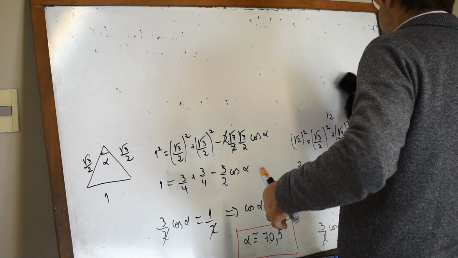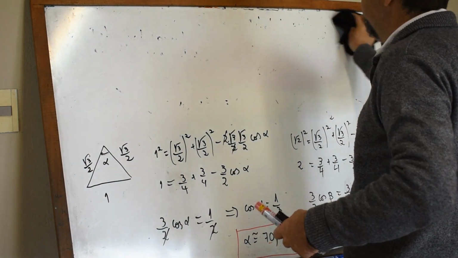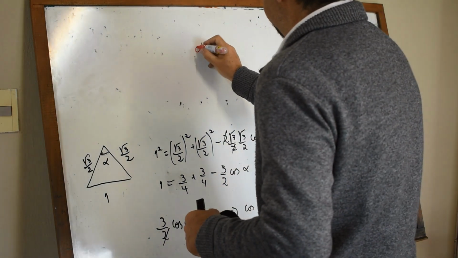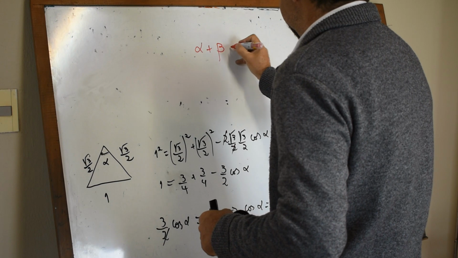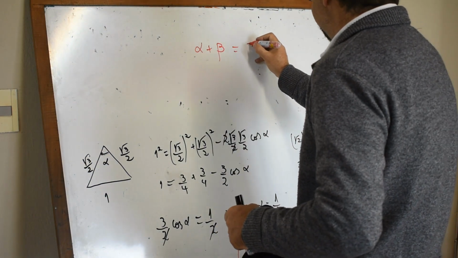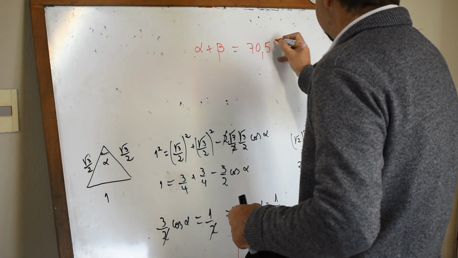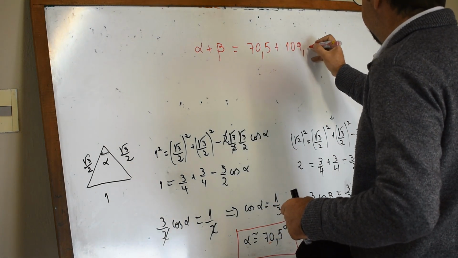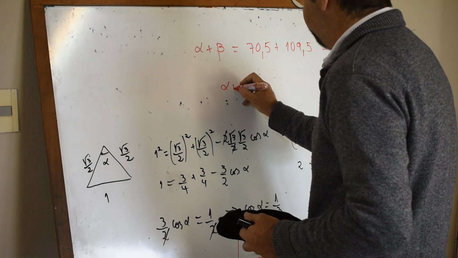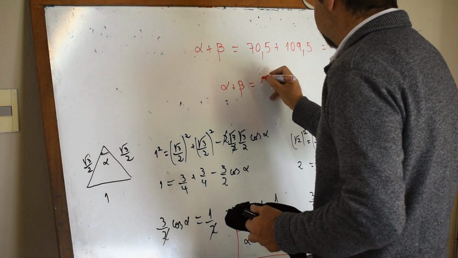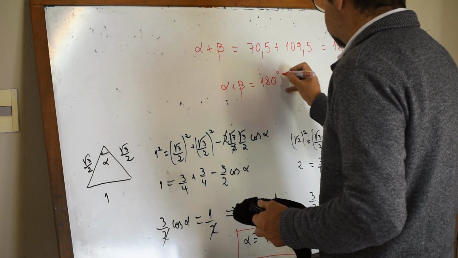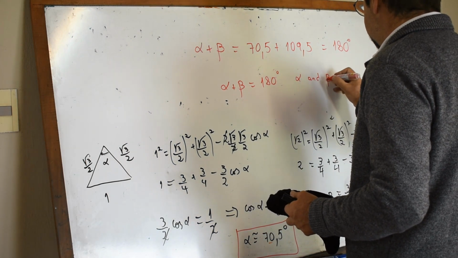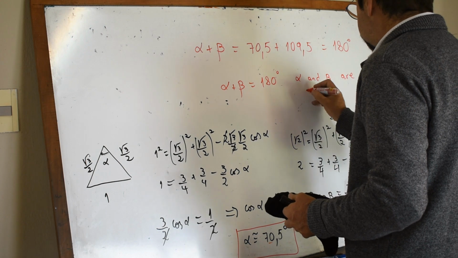We can verify that alpha plus beta equals 70.5 plus 109.5, alpha plus beta equals 180, and so alpha and beta are supplementary.